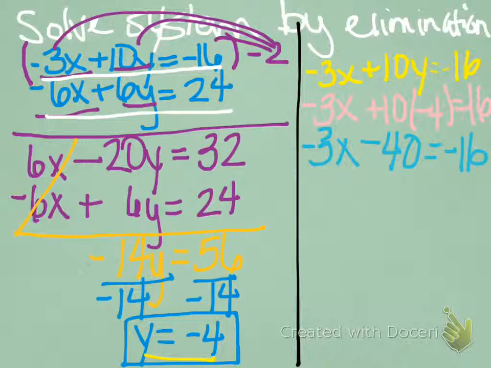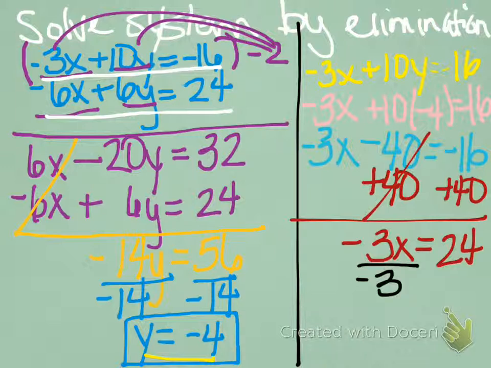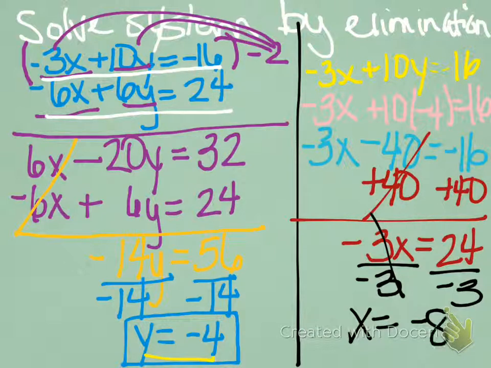Isolate our x, so that means we have to add 40 to both sides. So let's do that. Add 40. And that will give us a positive 24 on our right and a negative 3x. Well, all we have left to do is to divide. So we divide by negative 3. So x equals negative 8.